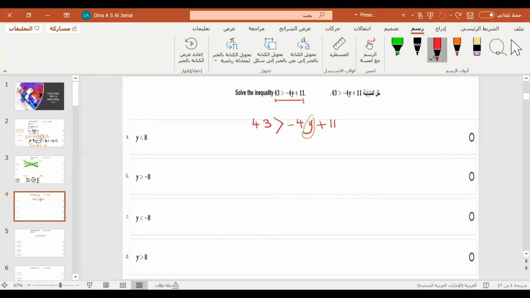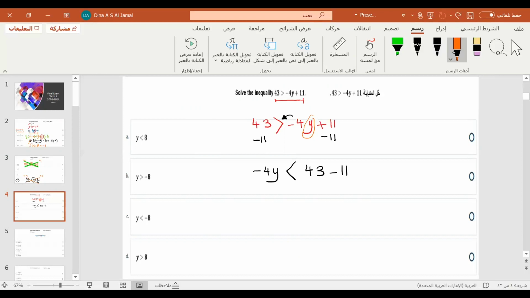So what you can do is that at the beginning, just move the 11 to the other side. So minus 11, minus 11. So 43 minus 11. Then you will be having minus 4y, and you can start from this side. It should be less than, because I started from here, less than 43 minus 11.